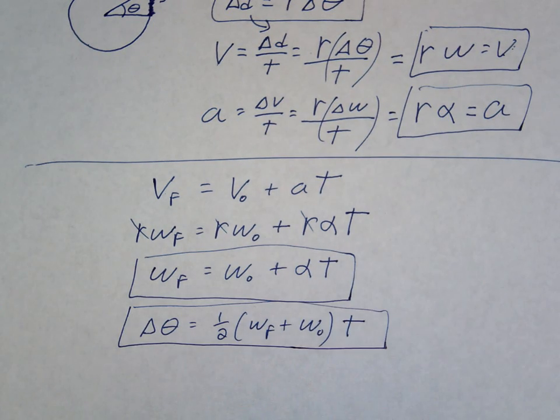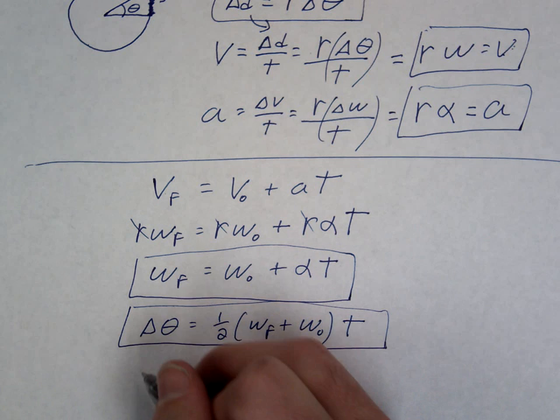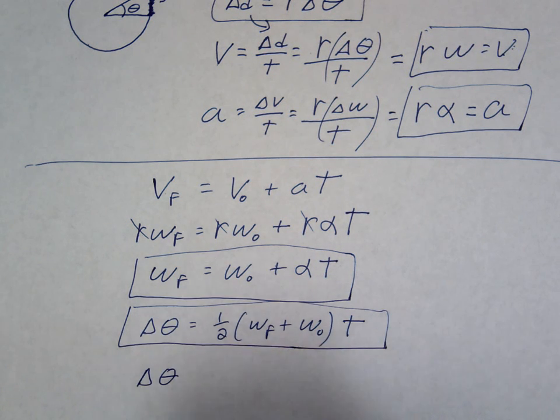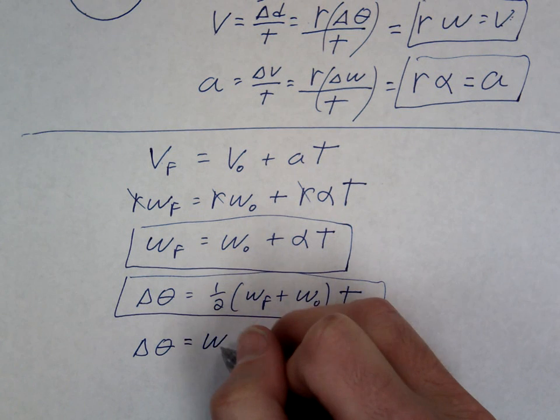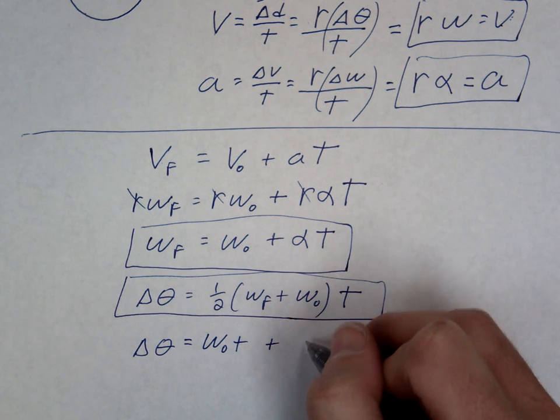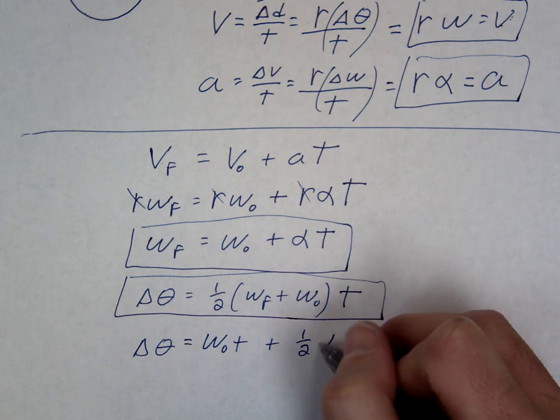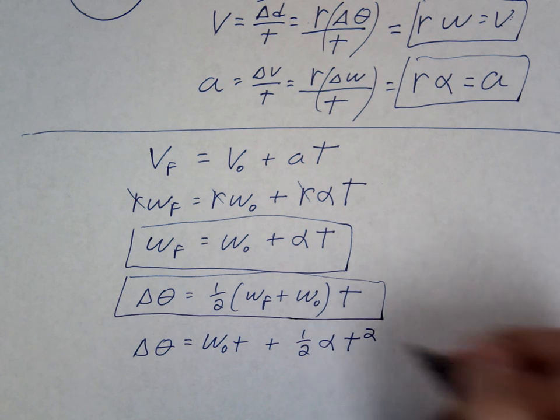Number 3, delta theta equals omega initial t plus 1/2 alpha t squared.